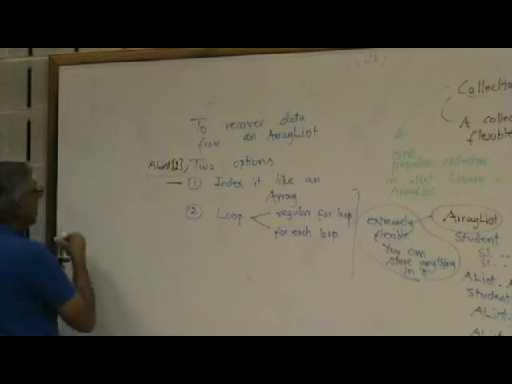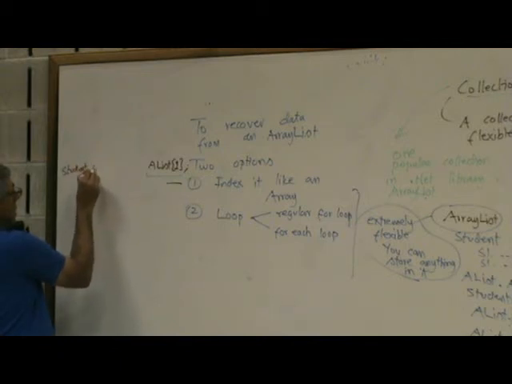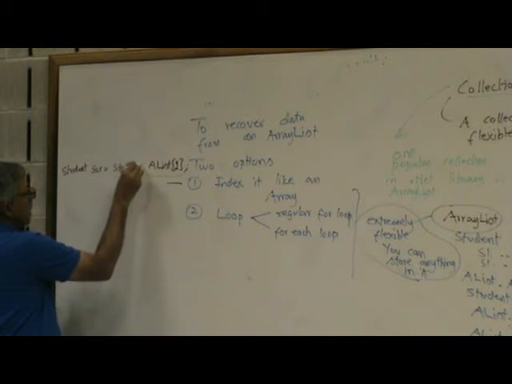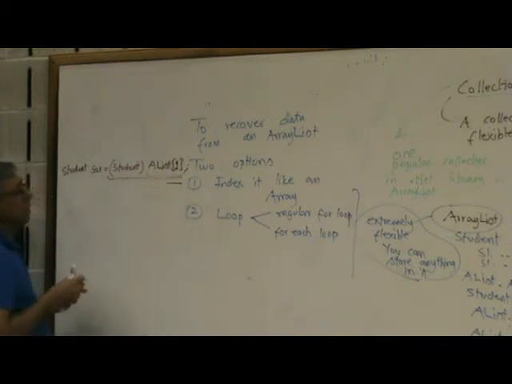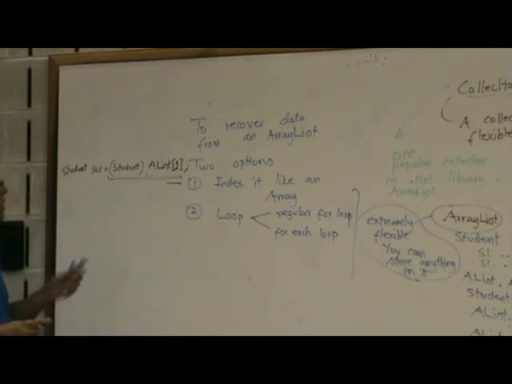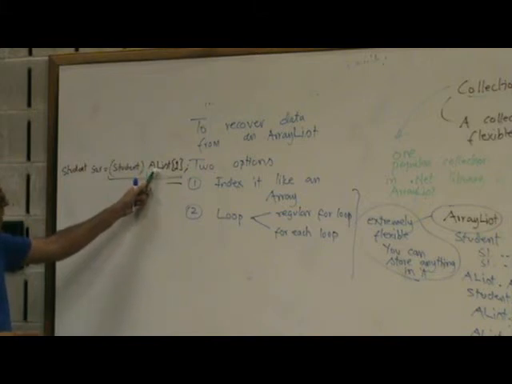You could say student S2R equal to student, so you could typecast whatever you read from a list of 1 to a student. If you typecast it, then the type of the right side is student, and the type of the left side is student.